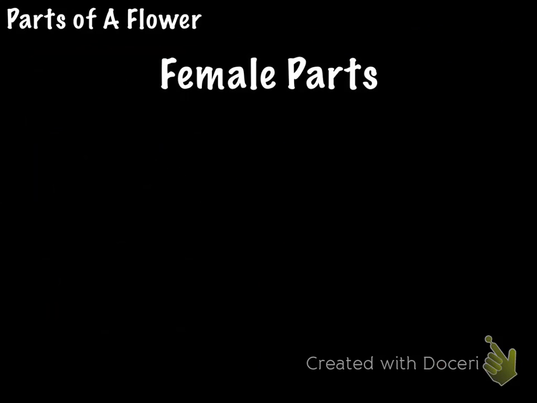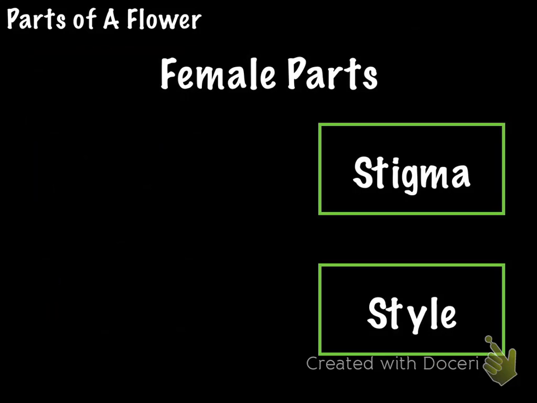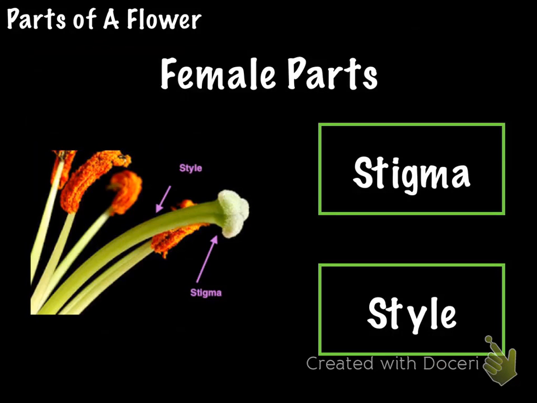Now, let us take a look at the female parts. There are 4 parts, right? The first one is the stigma, and then we have the style. Let me show you. You can see right here, this is the stigma. And the one that is connecting the stigma is the style.